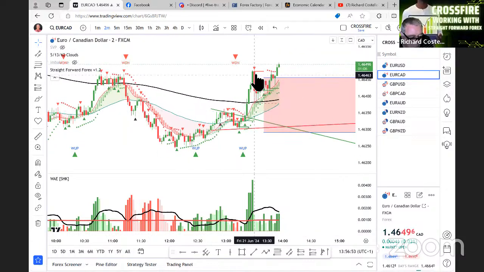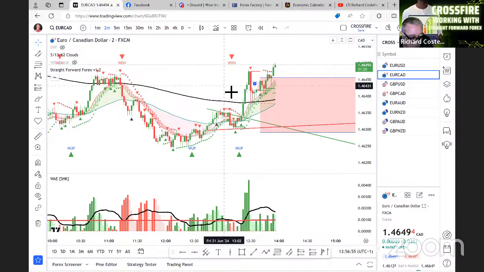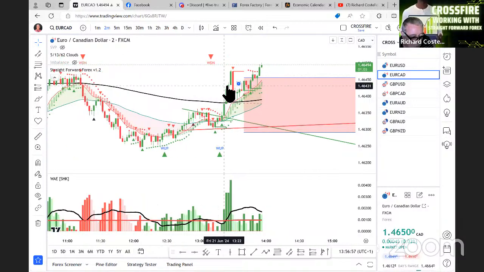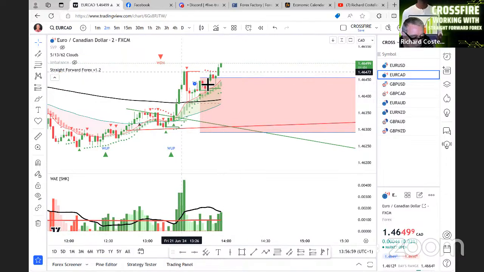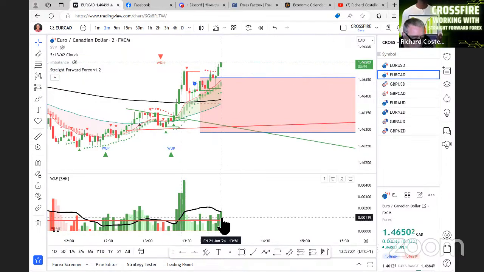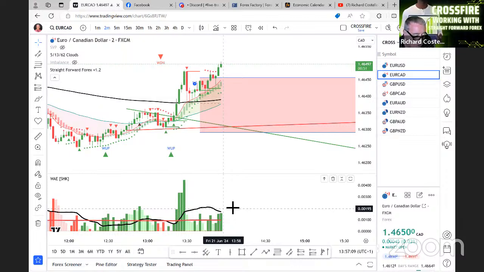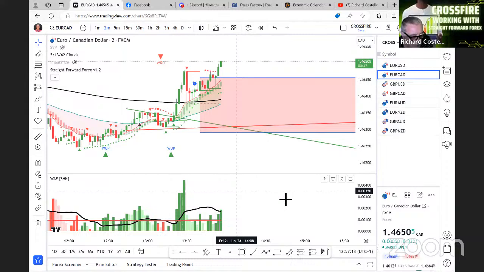Therefore, it's also gone past my second worry, which was that level there. It's going up. This is not quite right for me. I want that black line to be pointing away from the red line, and I want the histogram to be above that black line, but it is shaping up for a buy.